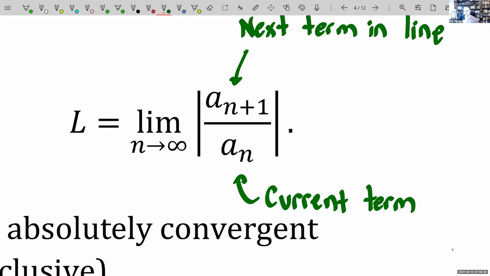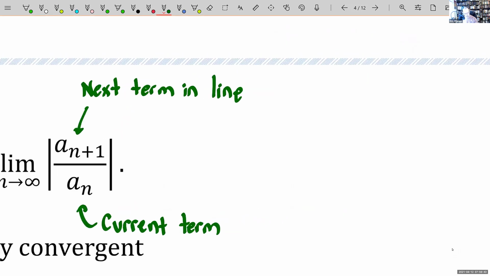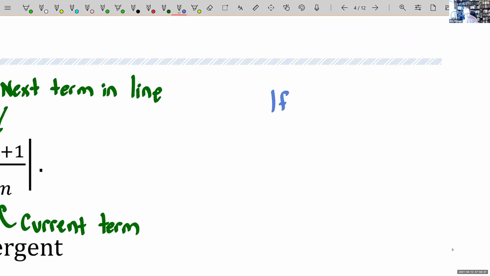If the next term in line is always slightly bigger than the current term, in absolute value by the way, so let's write that off to the side. If a sub n plus 1 is always slightly bigger than the current term, then what do you think is happening to the summation?